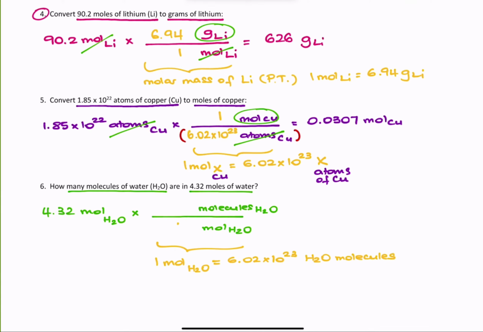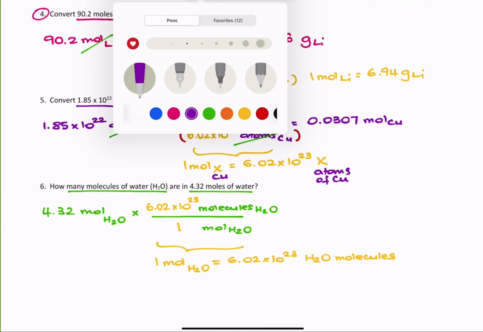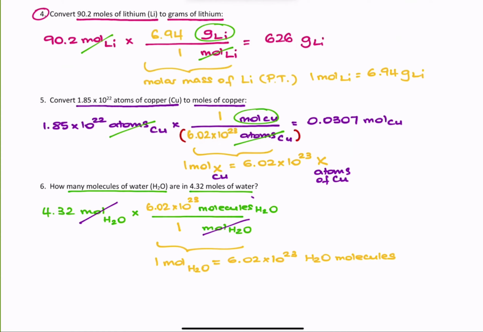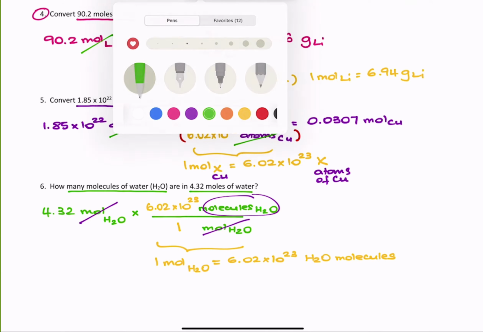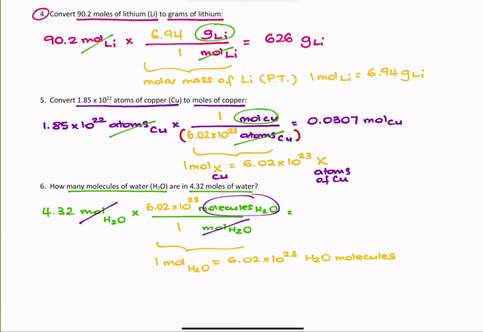For every mole of H2O, I have 6.02 times 10 to the 23rd molecule. My mole cancel and I'm left with molecule of water. I'm going to plug this into my calculator. To 3 sig figs, I get 2.60 times 10 to the 24 molecules of water.